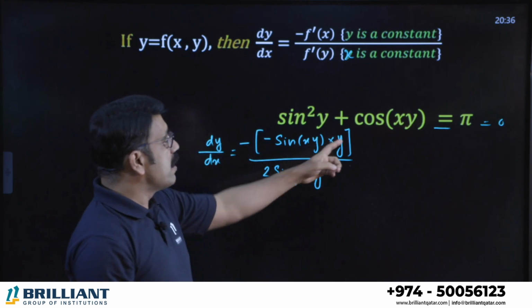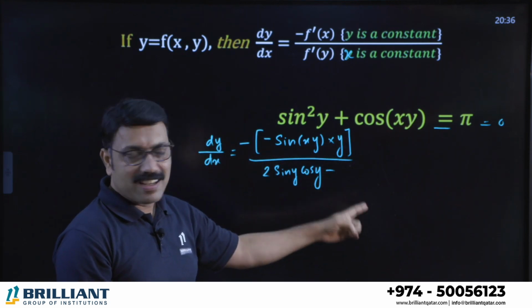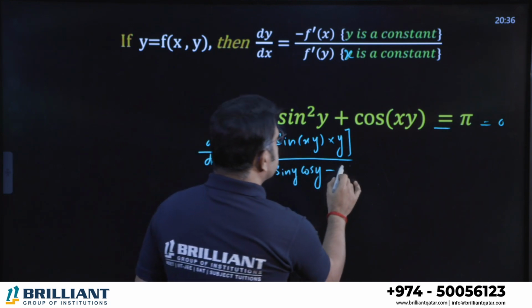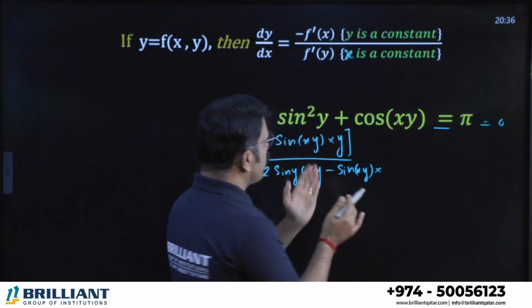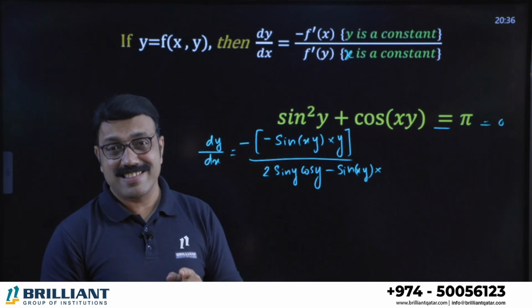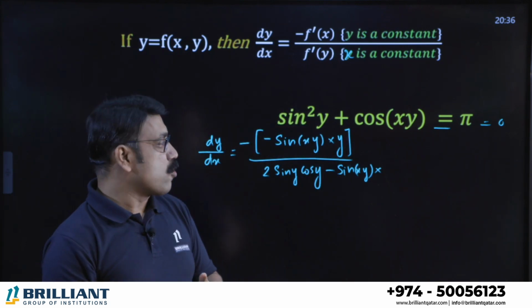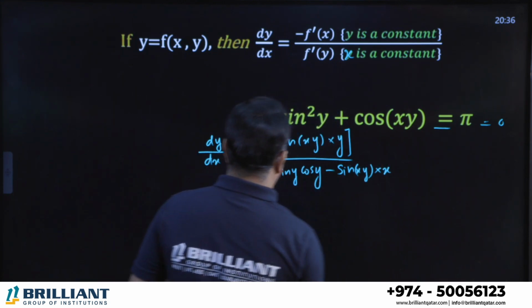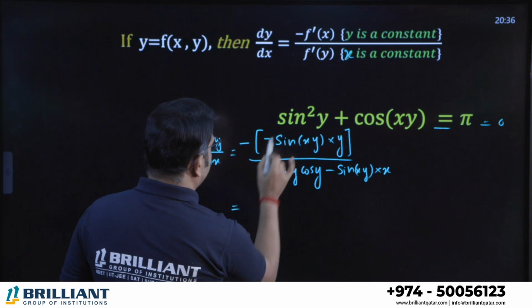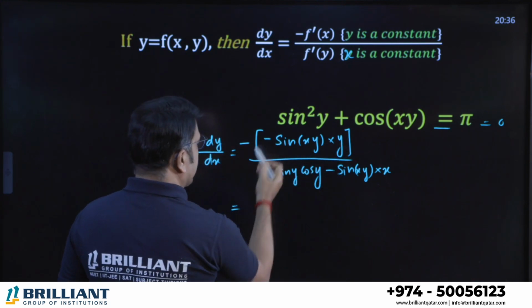And the derivative of cos xy needed. The derivative of cos xy is minus sine xy, but into the derivative of xy. But x is a constant, right? X is a constant. The derivative of y is what? 1. 1 into x is x. Rearranging that only: minus of minus goes to plus. Y we can take first.